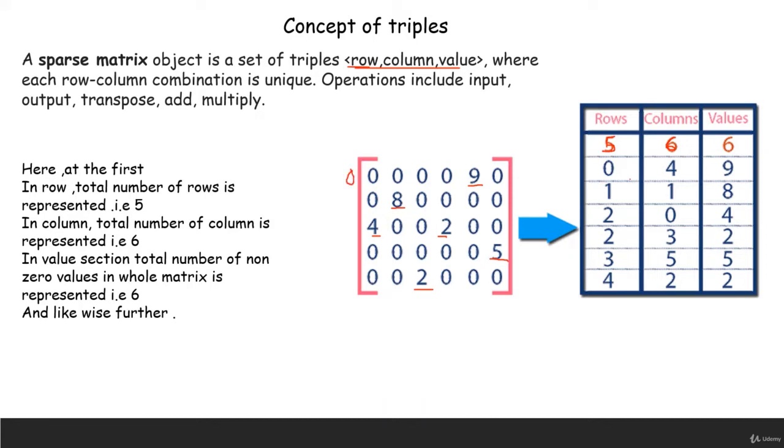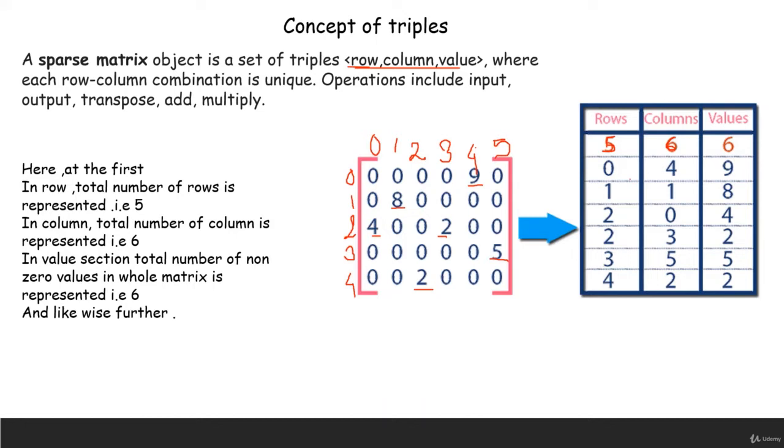I will write over here 0, 1, 2, 3 and 4. Now columns also 0, 1, 2, 3, 4, 5.